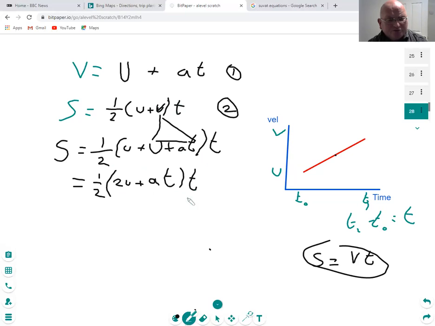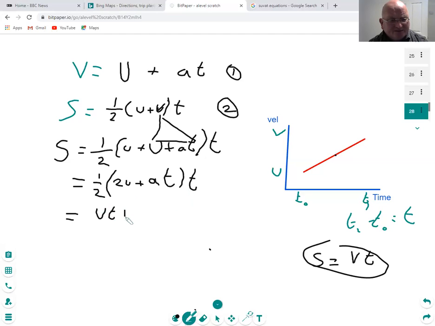Now we're going to multiply what's inside the bracket with the things outside the bracket. We can do that in one go, really. So half times the 2, they cancel out, u times the t, so we're left with ut. That's half of 2u multiplied by t, and so that's ut.